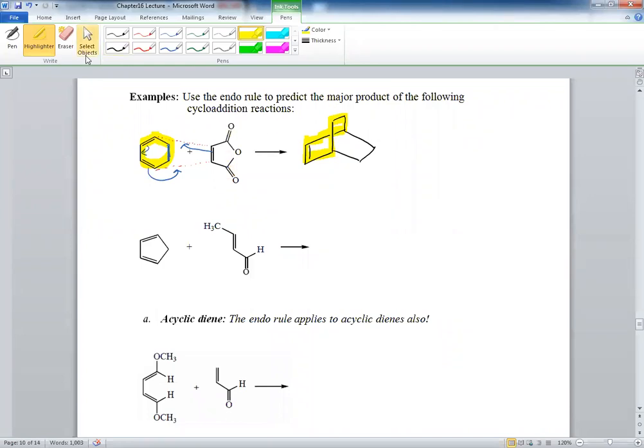Okay, so how do we draw the endo of this? So you would like to now add this whole group right there downward. So it would look like this.